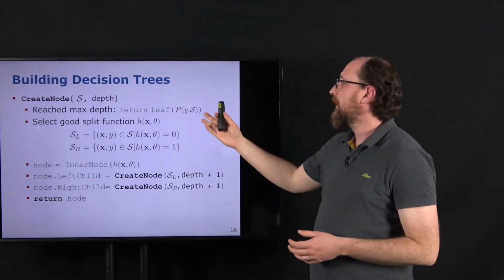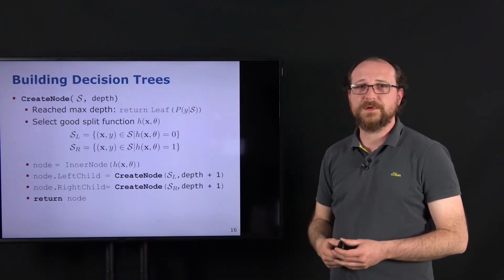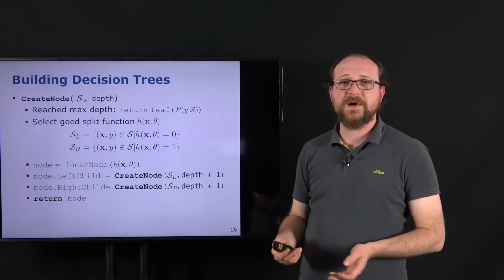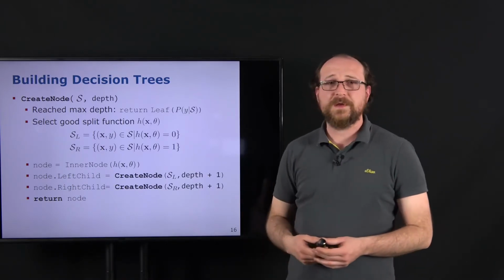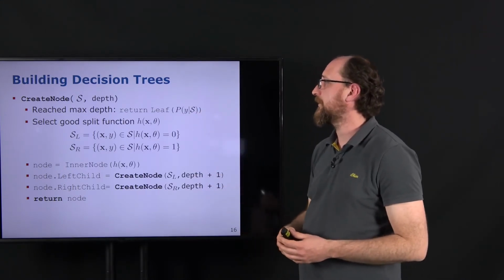So that means for this we are just using the categorical distribution that we had also with the naive Bayes, so that we just count how many examples have a specific class and divide this by the number of the examples that are left at this node, basically.